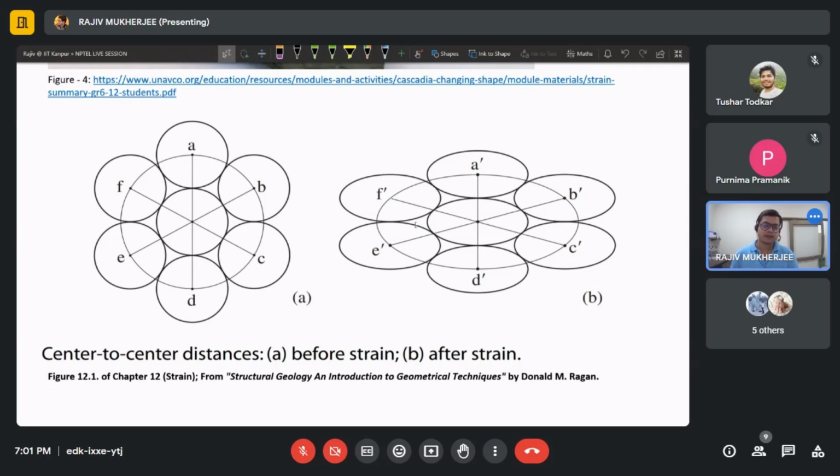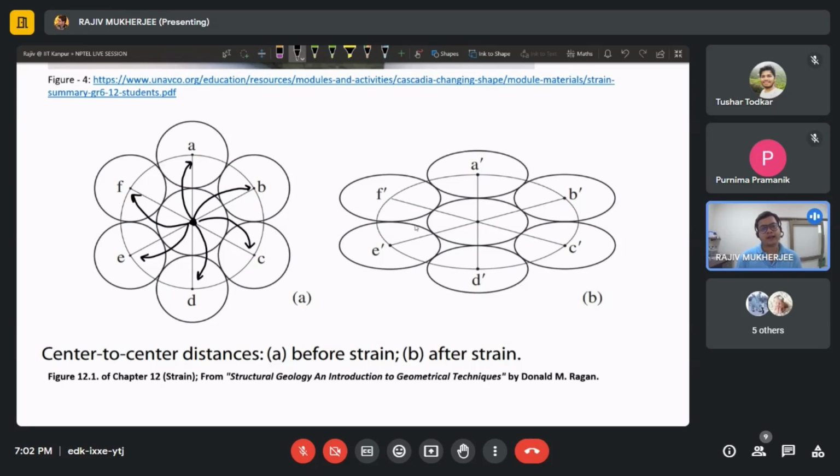The initial markers can be elliptical, circular, or of any geometry. If these markers altogether are not deformed, then the distance from a central reference point to all other centers like this, see, all these distances would remain the same or unchanged, right?